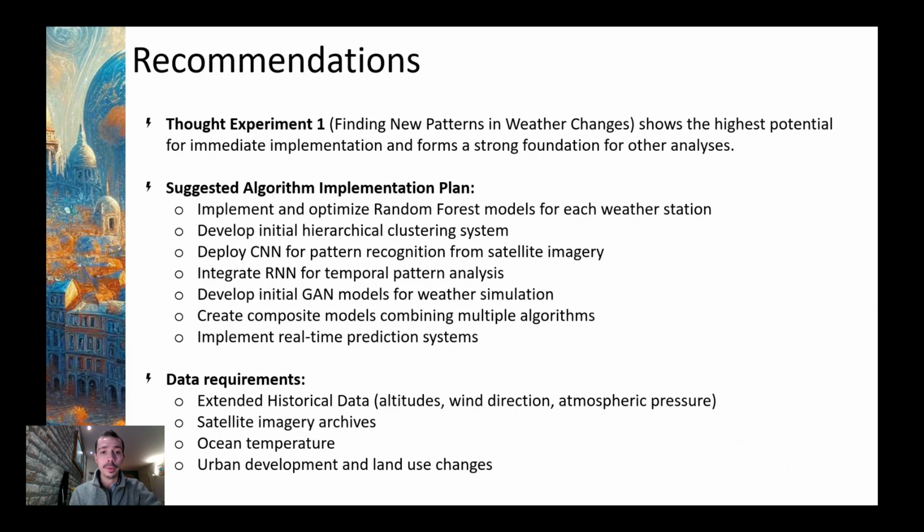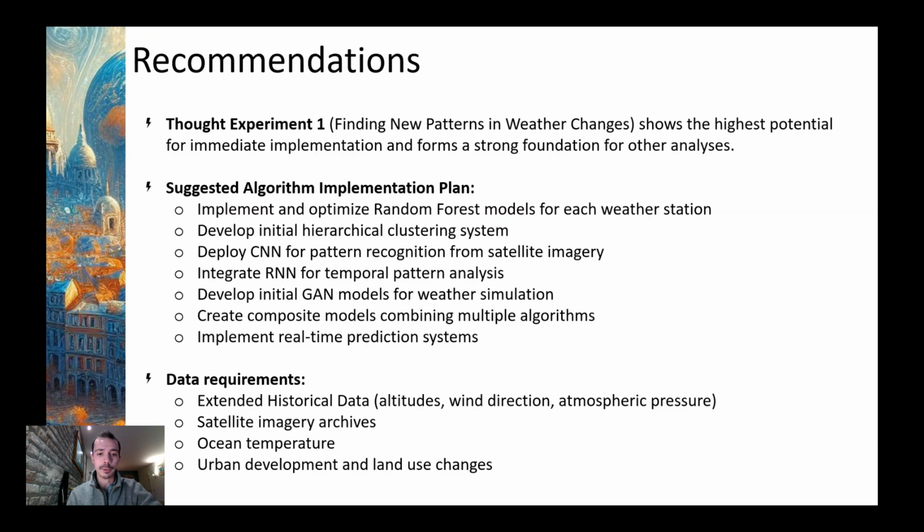Then we could deploy the CNN for pattern recognition from satellite imagery. We could then integrate the RNN for temporal pattern analysis. On top of that, we could develop some initial GAN models for weather simulation. Then create some composite models combining even multiple algorithms, and finally implement real-time prediction systems. And even then create some visuals and dashboard follow-up, etc.